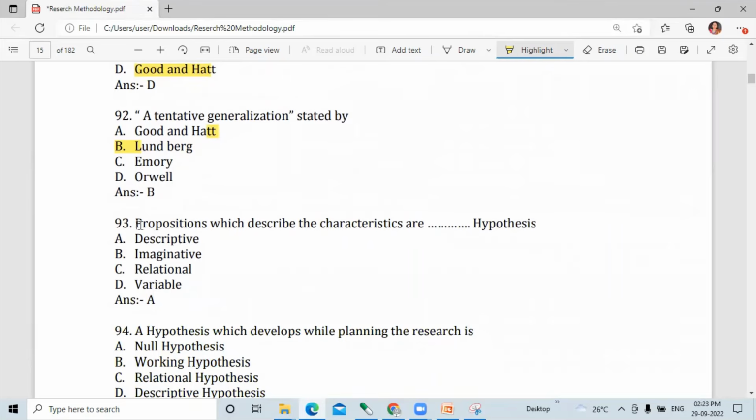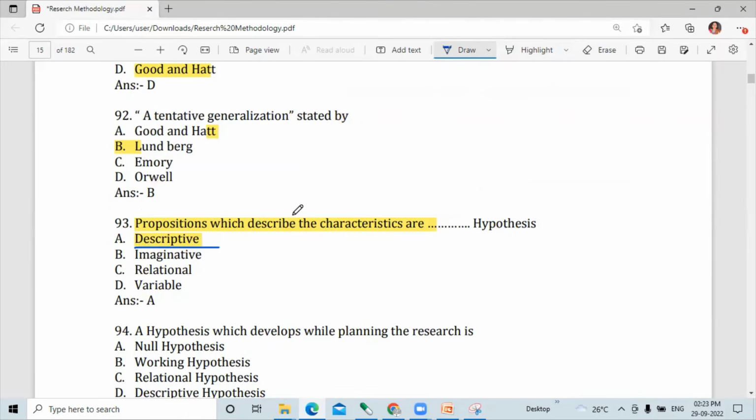Next question is propositions which describe the characteristics are dash hypothesis. Which type of hypothesis is it? It is a descriptive hypothesis. So here a tentative generalization is stated by Lundberg.